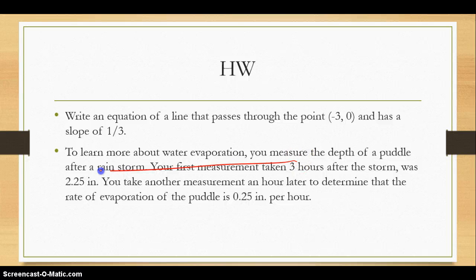Think about what we have right here. Okay, you take another measurement an hour later to determine that the rate of evaporation of the puddle is 2.5 inches per hour. Okay, so very important information right there. Make sure you label it while you're going through it.